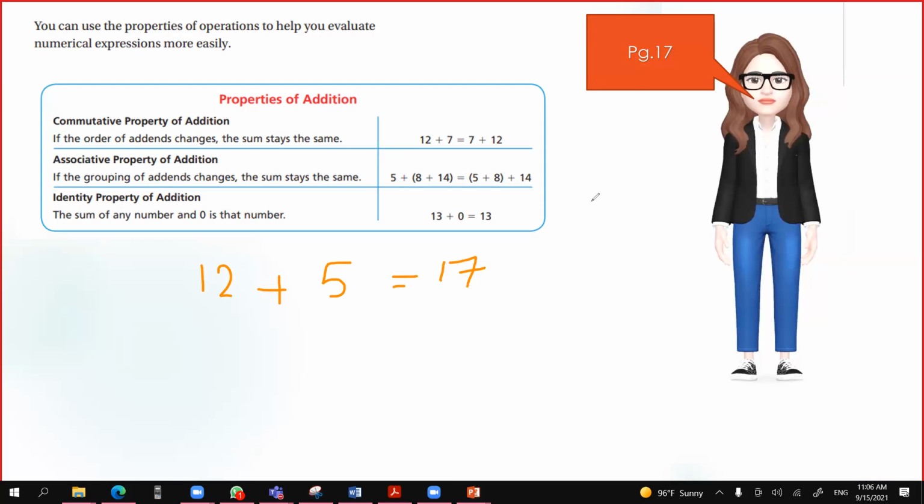And if you change the order of them, like if I put 5 first and 12 next, do I have the same answer? Yes. So the commutative property of addition means if you change the order of the numbers, you get the same answer. Got it?